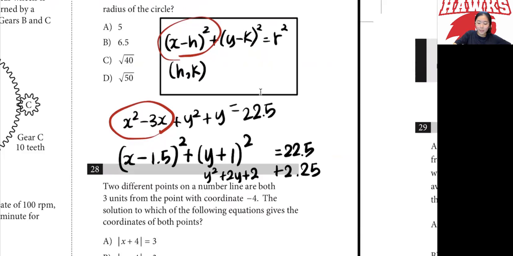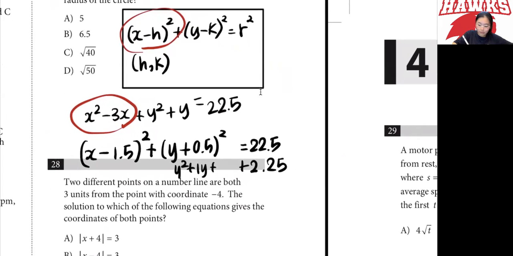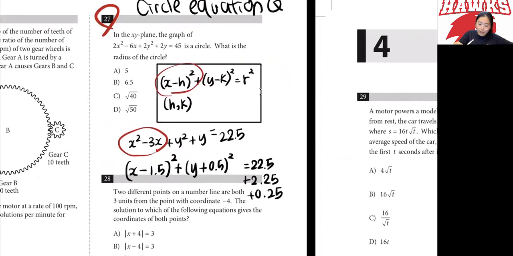Wait, hold up, I made a mistake. Sorry, guys, I apologize. I needed to do 1 over 2, so that's going to be 0.5. That's y squared plus 1y, which is y, plus 0.5 squared, which is 0.25. So this is right. We need to add 0.25.